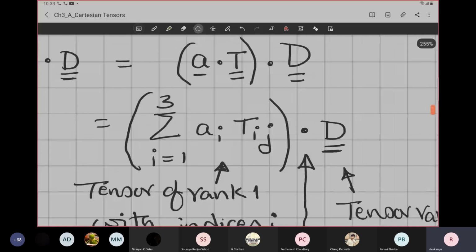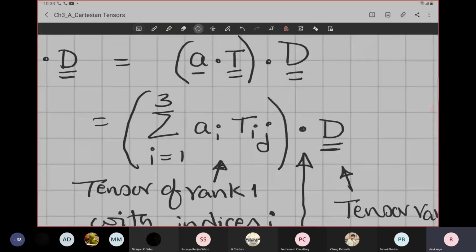Is this step clear to everyone? Is there any person having difficulty in seeing A dot T as summation AI Tij? Okay, none. So I think it is clear.